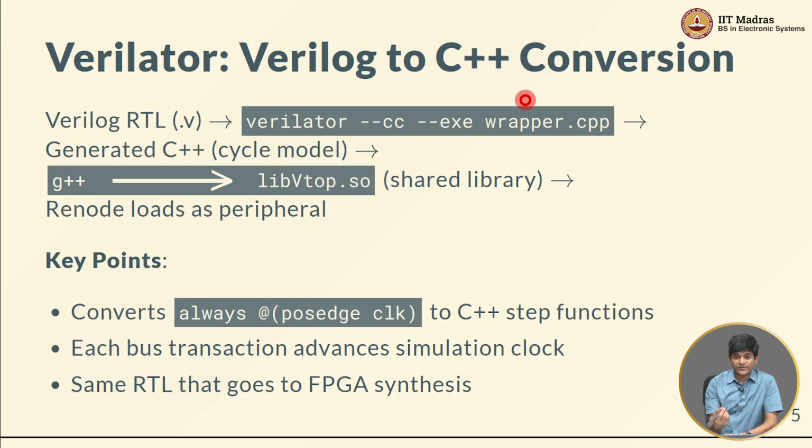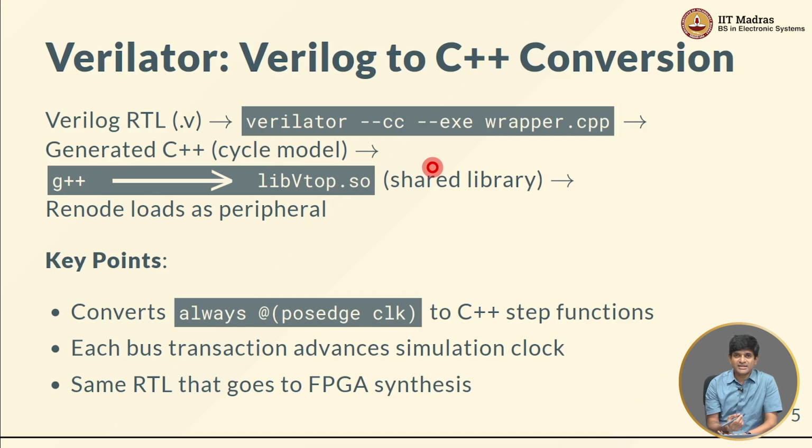Now, as far as we are concerned, the good thing is this same executable that is being generated out of this Verilator code can also be compiled into a so-called shared library, which means that Renode can now link against that. Renode is a regular software program running on your host wherever you are doing your simulations or emulation, right?